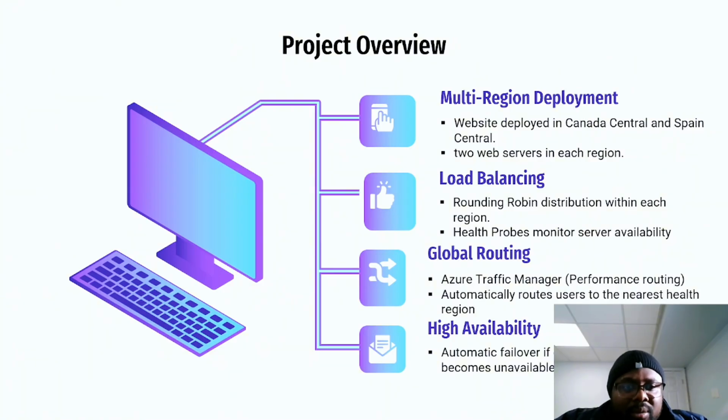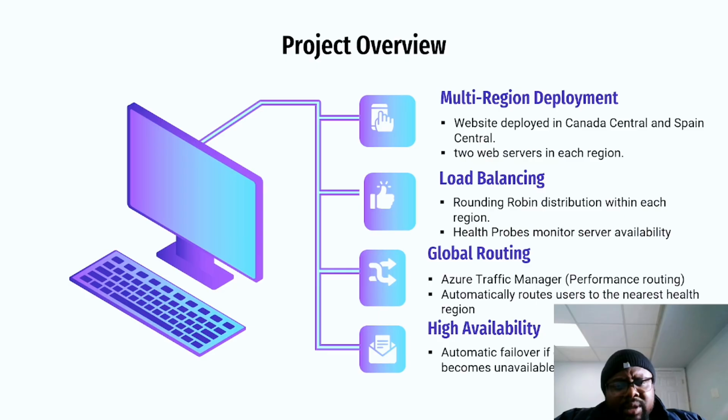We have a multi-region deployment where we are going to be talking about a website deployed in Canada Central and Spain Central, with two web servers in each region. We are going to be talking about load balancing, that is the round robin distribution within each region, and the health probes that monitor server availability.